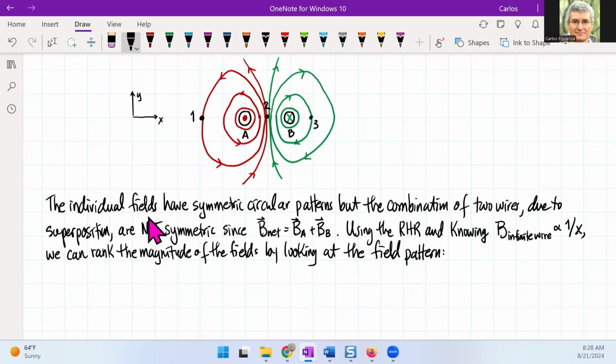We could see that the highest density has to be at point 2. So we know that has to be the largest. And when you look at the density of field lines, 3 has a higher density of field lines than 1. So it should be the magnetic field of 3, and then the magnetic field of 1 being the smallest.